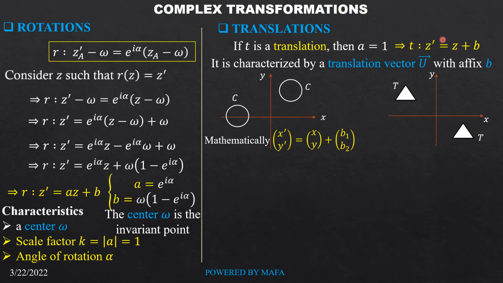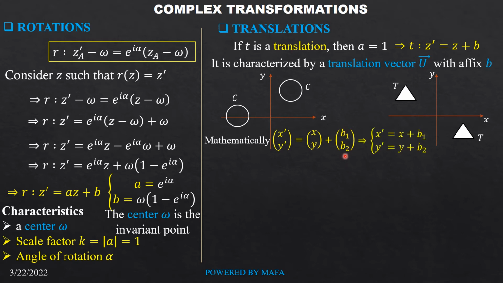Now z prime equal to z plus b. It means that, let's just say my z is a complex number x plus iy, so the point is going to be xy. Now my z prime should be x prime plus iy prime, so its point should be represented as x prime y prime. Now my translation vector u with affix b is represented as the point b1 b2.